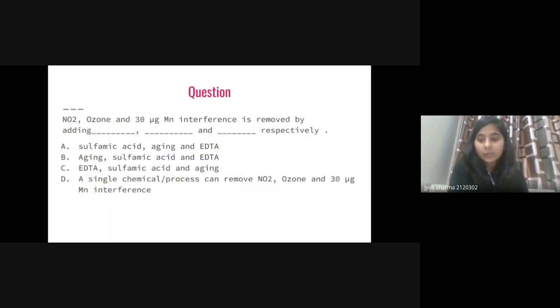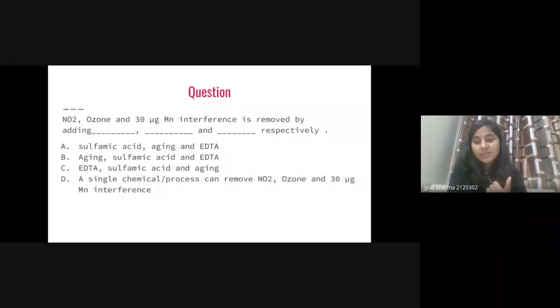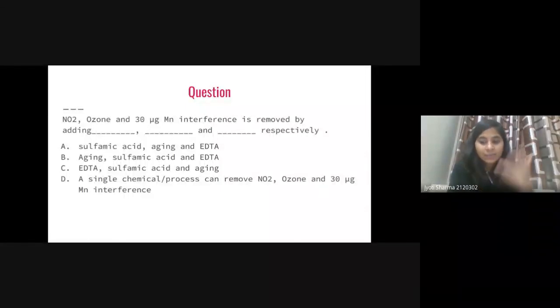As I told you, in the atmosphere we have different types of gases such as nitrogen dioxide, ozone, even manganese, and some other gases as well. To remove their interference, we have to add some extra chemicals into our sample unit.